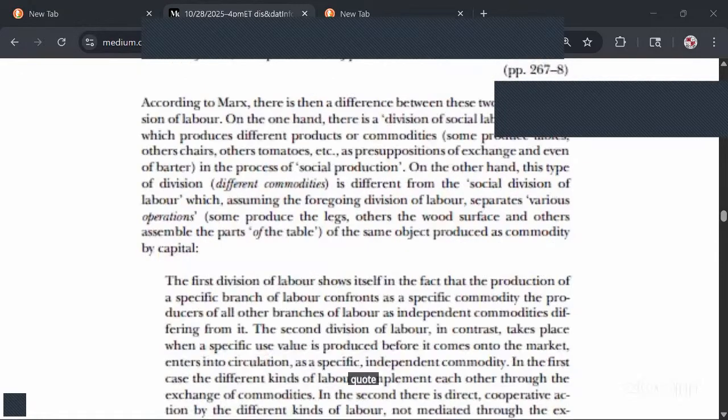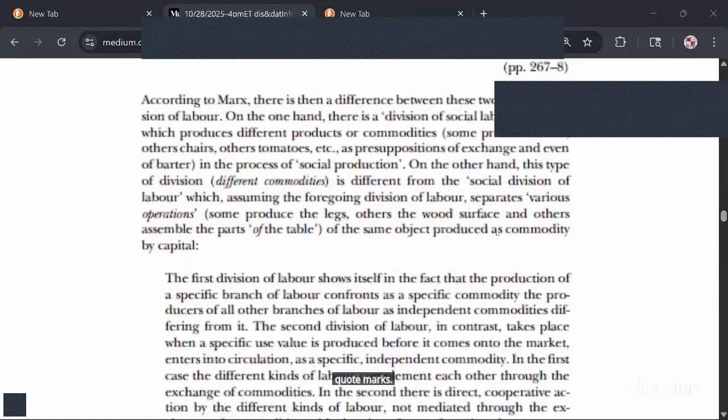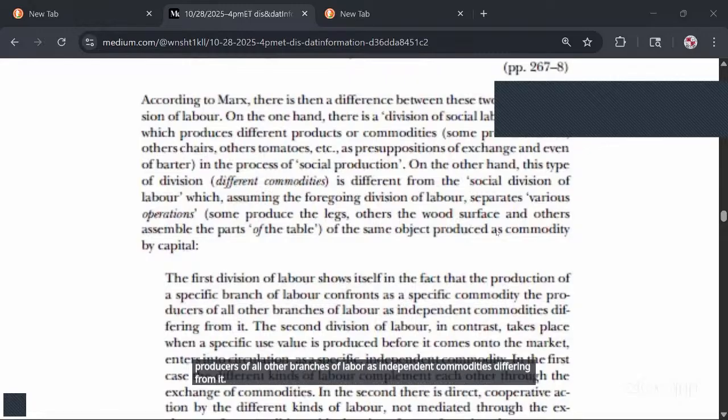Quote Marx, the first division of labor shows itself in the fact that the production of a specific branch of labor confronts as a specific commodity the producers of all other branches of labor as independent commodities differing from it. The second division of labor, in contrast, takes place when a specific use value is produced before it comes onto the market, enters into circulation as a specific independent commodity.